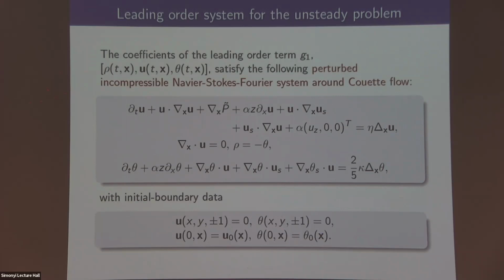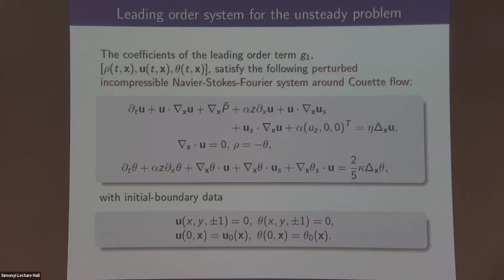And the coefficients for the leading order term G1, rho, U, and theta satisfy the perturbed incompressible Navier-Stokes-Fourier system around the Couette flow. So this is the Navier-Stokes system around Couette flow. You also have the temperature equation. You have the initial boundary conditions, U at time 0 and U at the boundary and theta at the boundary. And so that's the system that you get when you add this velocity.